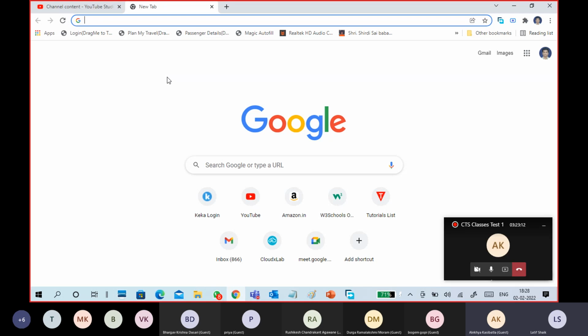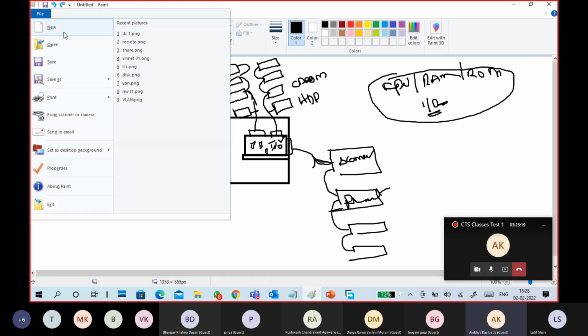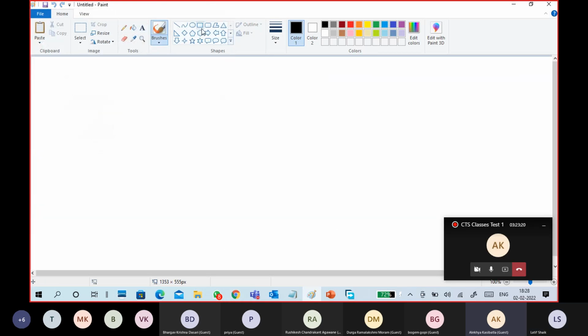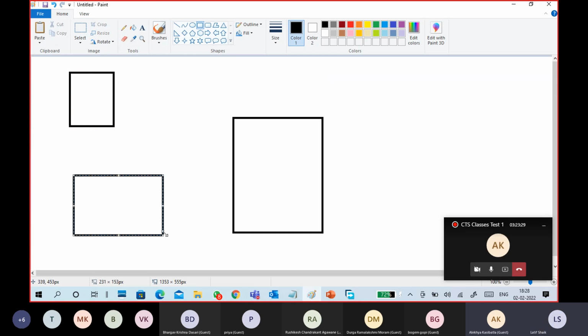Very simple, right? So think of something like a storage device, a central storage. You have mobile phones, tablets, laptops, desktops.